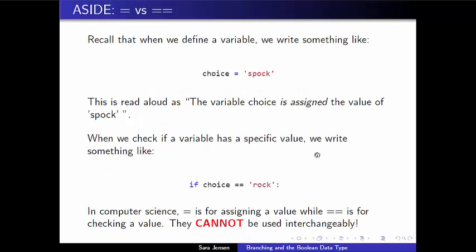Now, one of the things that we should have seen in the code is that there are actually 2 different types of equal signs in the Python programming language. And this is because there are actually 2 different types of equal signs in mathematics. Sometimes mathematicians make assertions with their equal signs. Let x be equal to 5.